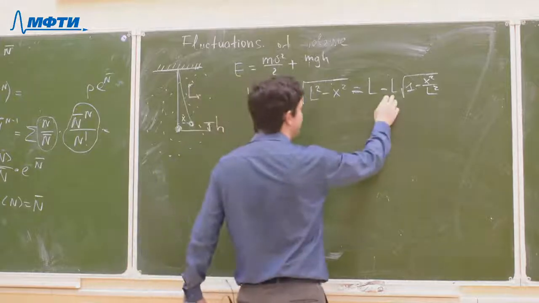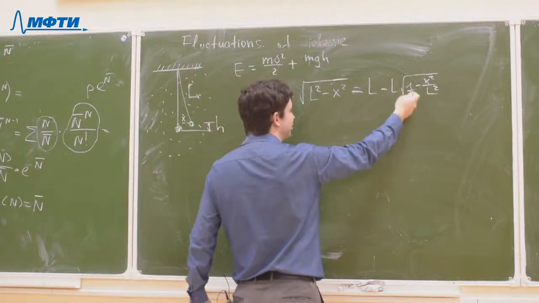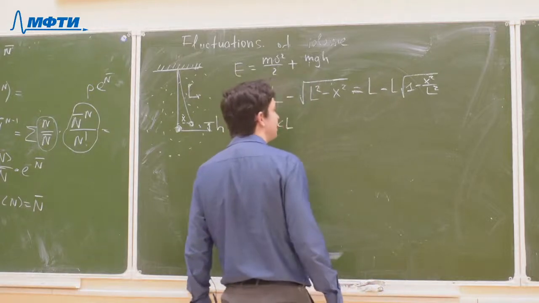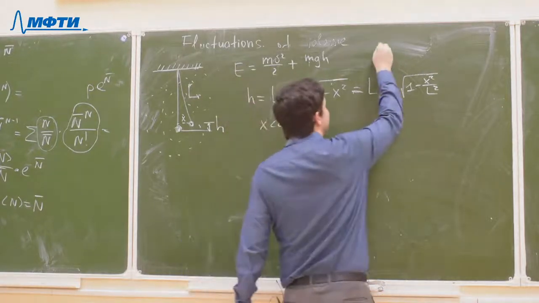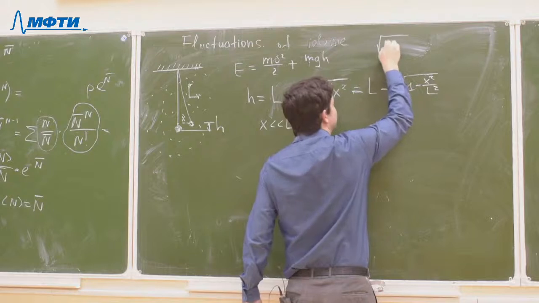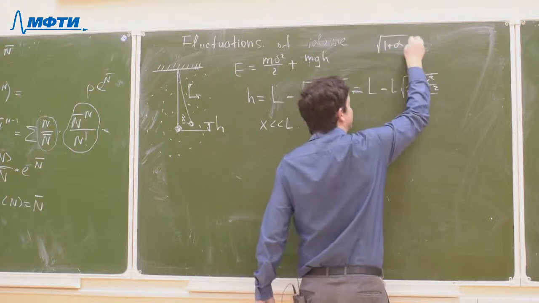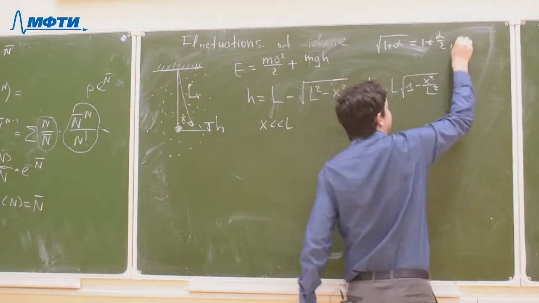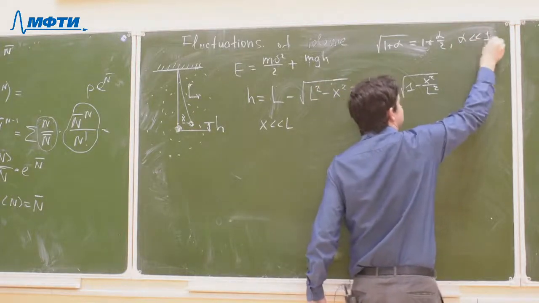So first we take L out of the square root, and inside the square root we have something which is very close to 1 but slightly different. And then we make use of the following expression, which is valid when its argument is much less than 1.